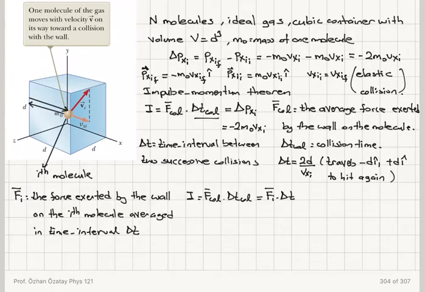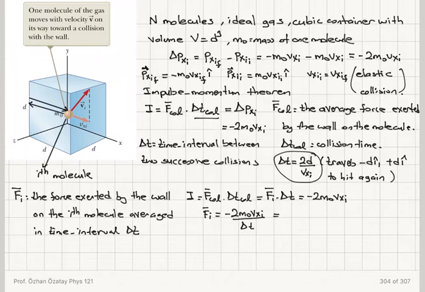So this will be equal to minus 2m0 vxi, and therefore I find that this force Fi bar is minus 2m0 vxi divided by the time interval delta t, which I have found to be 2d divided by vxi.